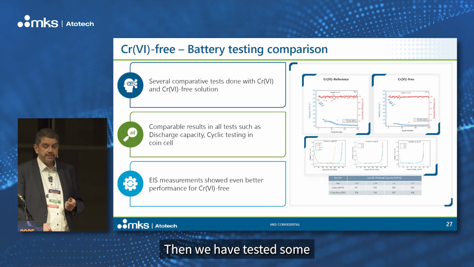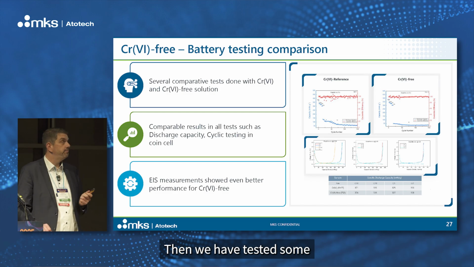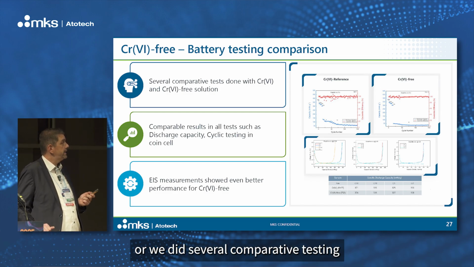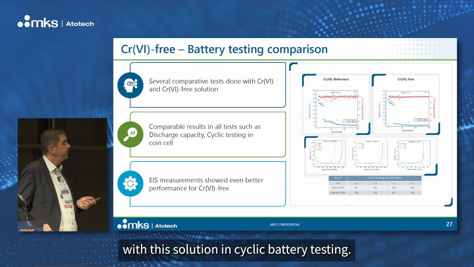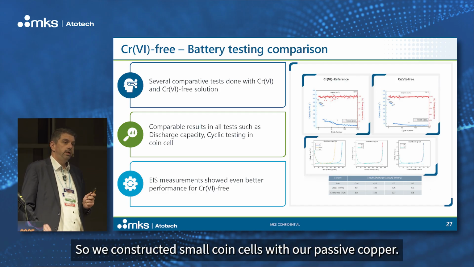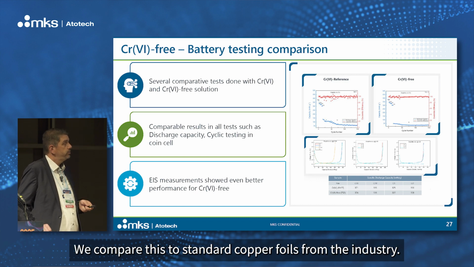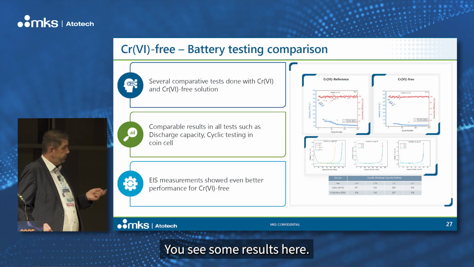Then we did several comparative tests with this solution in cyclic battery testing. We constructed small coin cells with our passivated copper and compared them to standard copper foils from the industry. You see some results here.